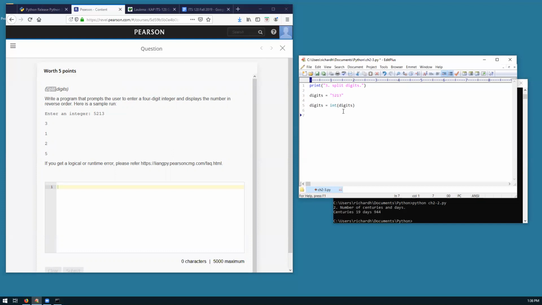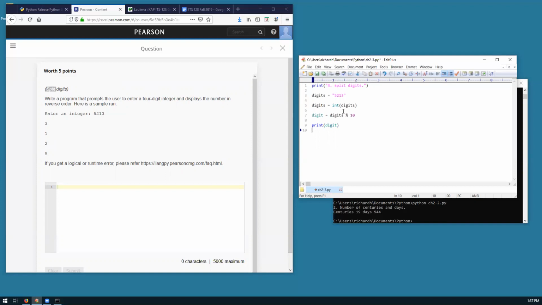So I can do digit equals digits mod, it's not divided, it's percent, 10, and I can print that digit.